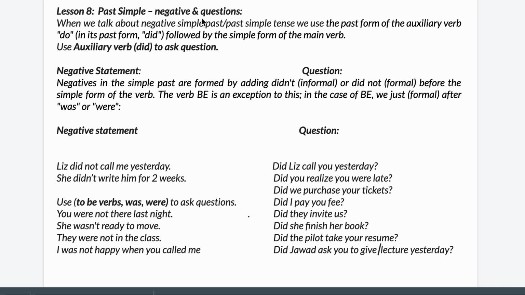If we have to be verbs in our sentences, for example, let's say two brothers, Alan and Tim, we say Alan and Tim are brothers. This is a positive statement.